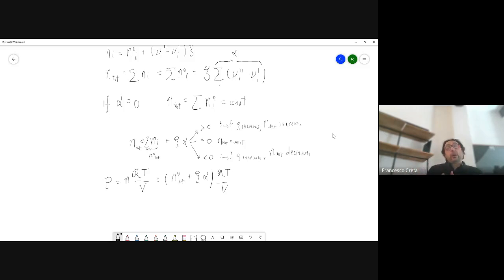It will respond in a direction that tends to decrease the pressure. Clearly, the pressure stays the same, so what happens is that the system will automatically respond so that if alpha is positive, psi will decrease, because if you remember here, when alpha is positive, an increase in psi translates into an increase in pressure. So it will be the opposite, okay? Psi will decrease for alpha bigger than 0.